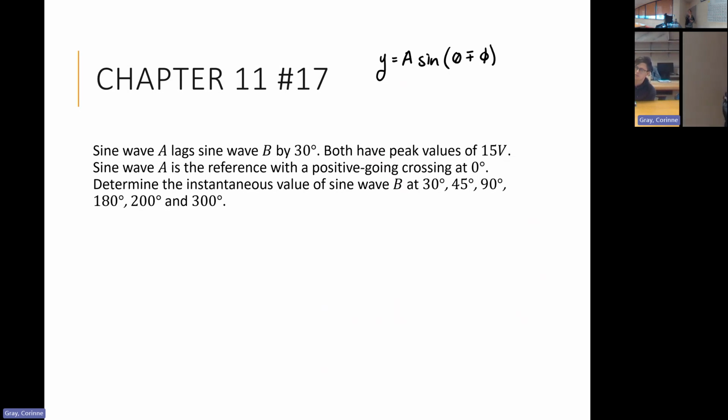So I want you to work with your neighbors to figure out what the A value should be, what the theta value should be, minus or plus, and then solve for the third. Then we'll do a little check-in and see how to solve these values.